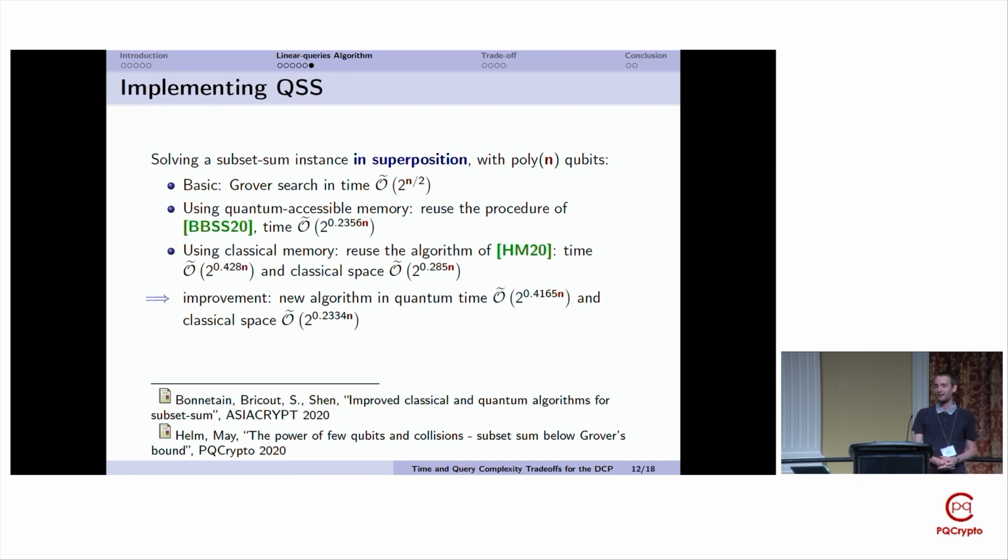Fortunately, the standard algorithms for this problem can be adapted. So we can reuse a procedure that uses quantum accessible memory, if you like quantum accessible memory. If you don't like it and you want to use only purely classical memory, you can reuse the algorithm that Hellman and May presented at PQCrypto a few years ago. And actually, we improved this algorithm a bit to obtain a slightly better time and space.